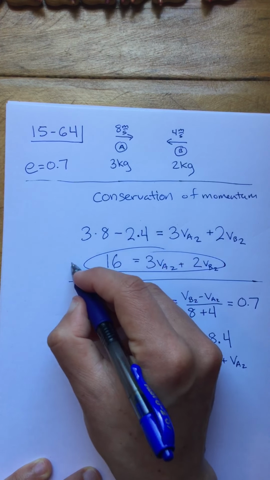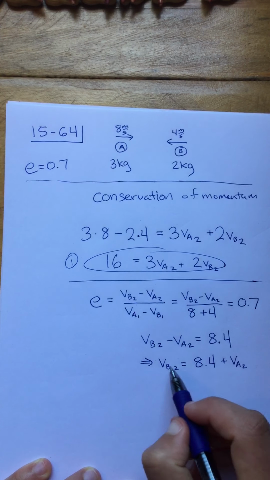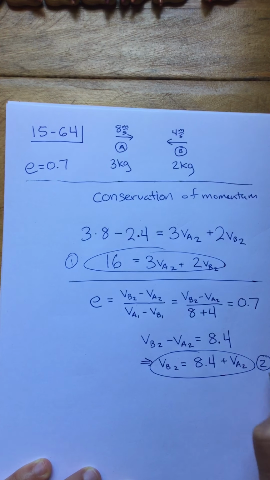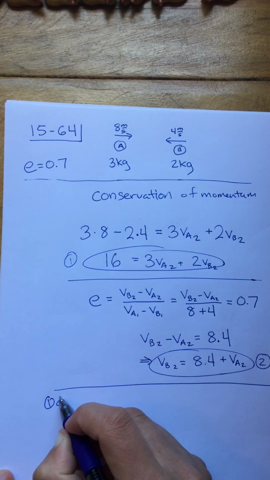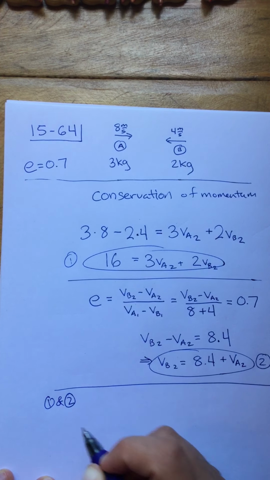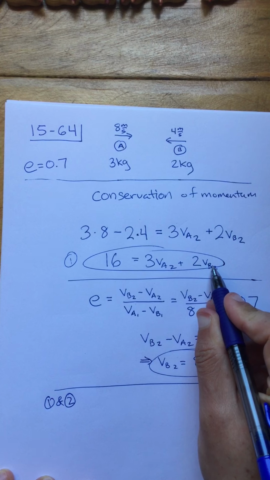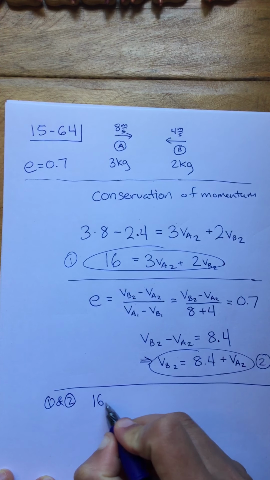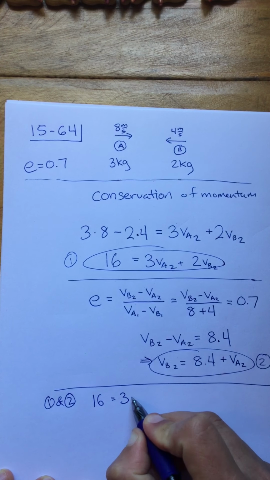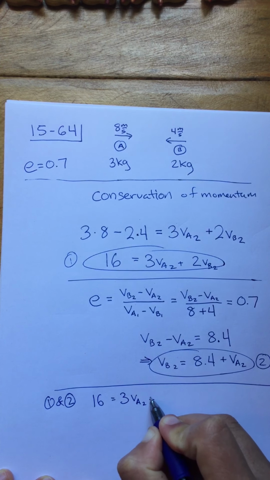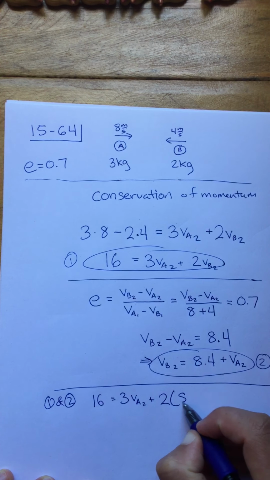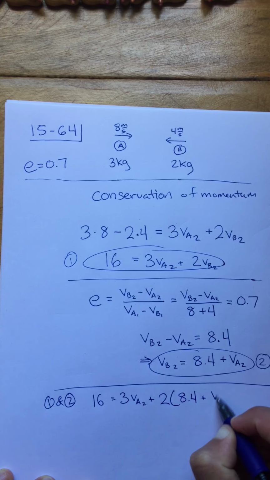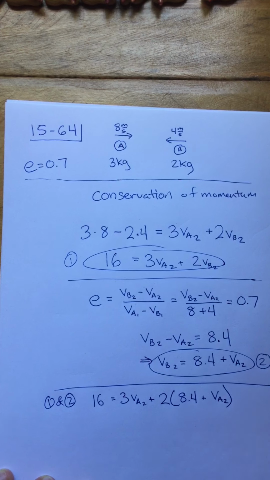So now I have an equation here. We'll call this equation 1, and an equation here. Let's call this equation 2. Now I can use equation 1 and equation 2 together. I can take this and put it in for VB2 here, and I get 16 is equal to 3 times VA2 plus 2 times VB2, but VB2 is 8.4 plus VA2.